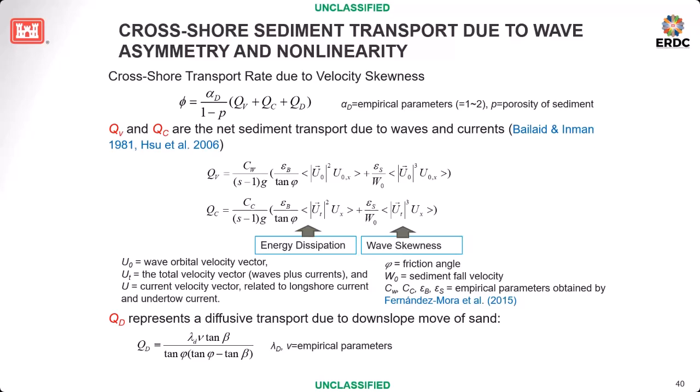I don't have the undertow and those equations here, but it's included. If you only use a traditional profile model, you won't have this long-term effect of shoreline change. That means you may only have onshore transport.